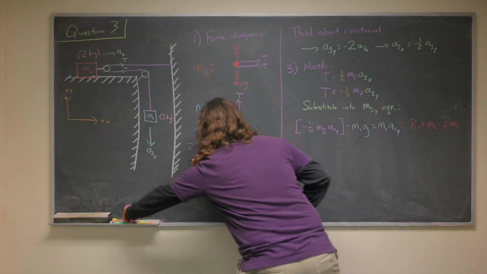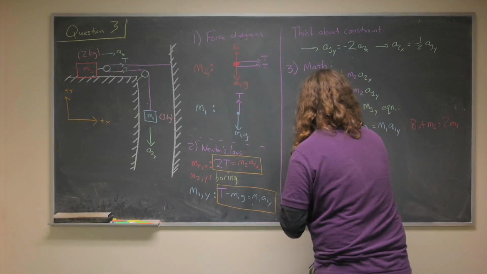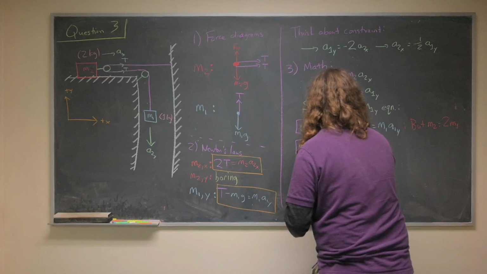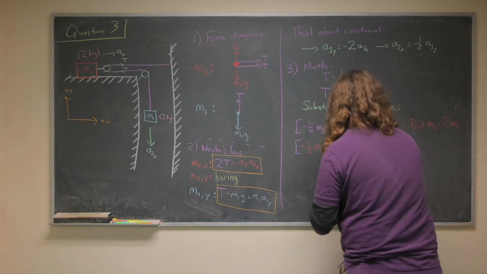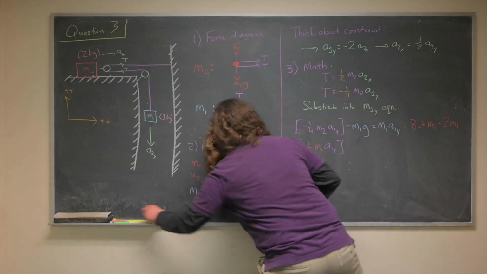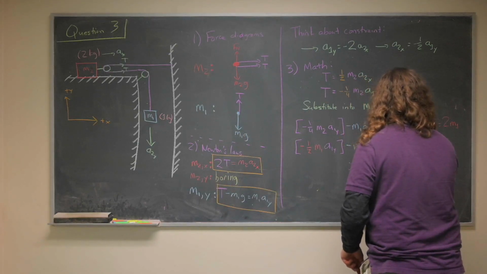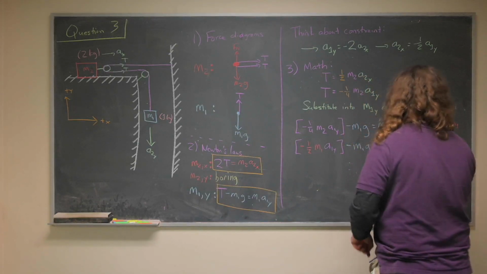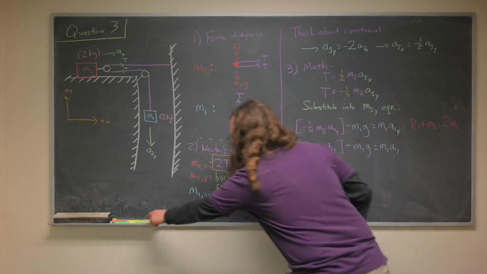I can say minus 1/2 M1, because M2 is 2M1, A1y minus M1G equals M1 A1y. Now I can cancel an M1 from everything. That's nice.